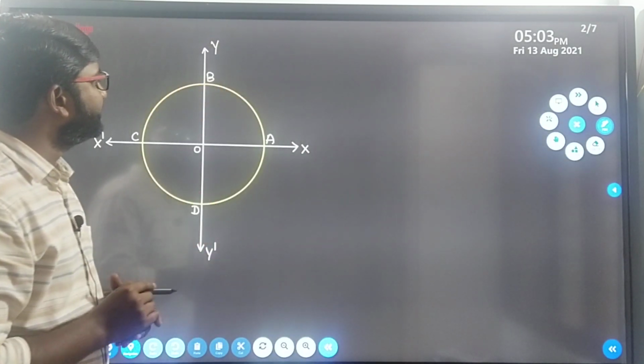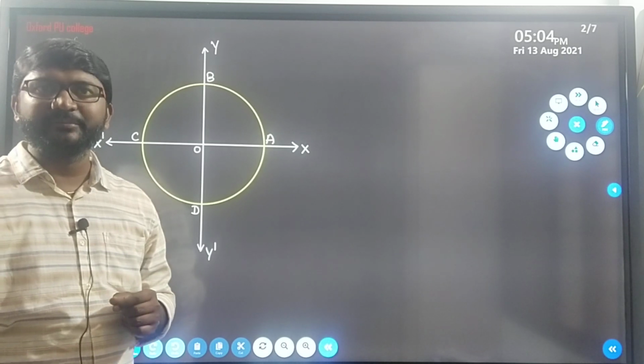Here again we have considered a unit circle whose radius will be 1 unit.